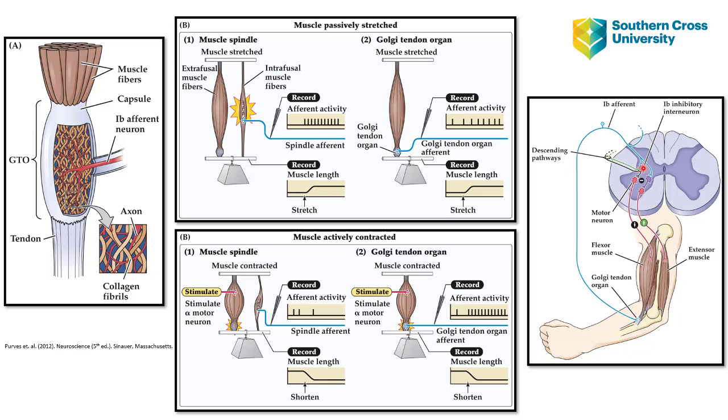We have these inputs from the spinal level, but we also have descending inputs onto these interneurons in particular that modulate the amount of overall drive going from the alpha motor neuron pool out to the muscles. So the sum of the inputs equals the output in this case.